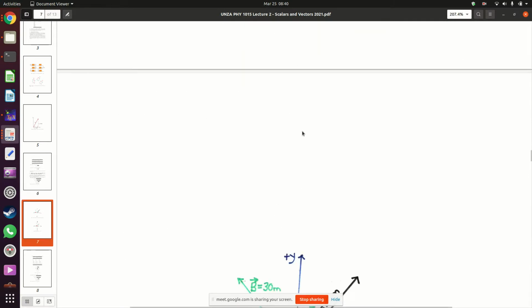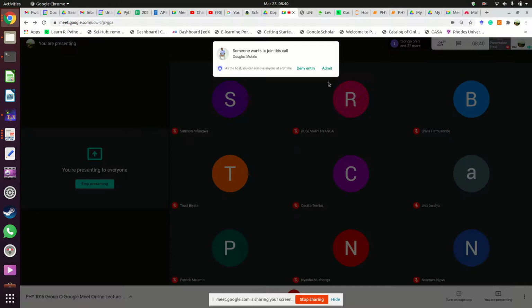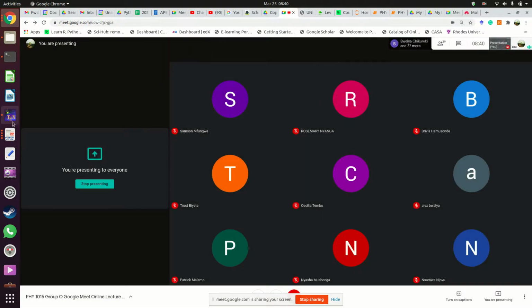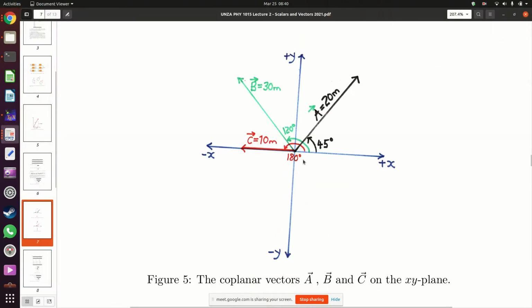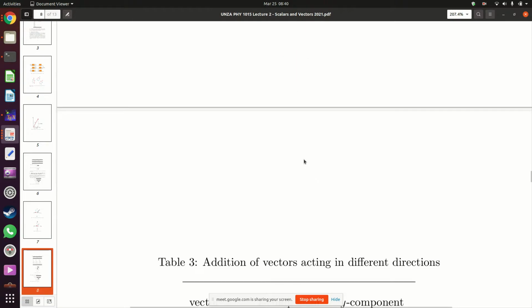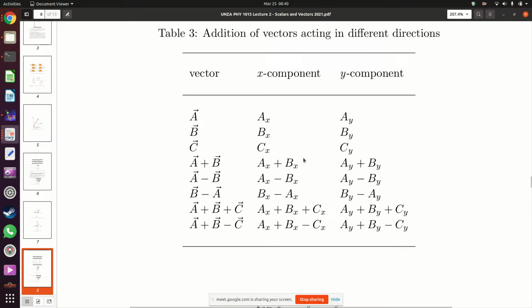So with components, things become much easier because the only thing we need to do is for each vector, we need to find out how much it is along the x-axis and how much it is along the y-axis. So for vector A, you need to find out how much is vector A along the x-axis.